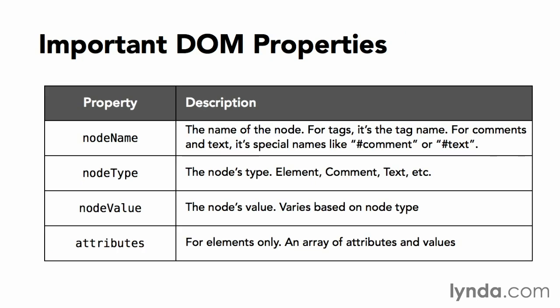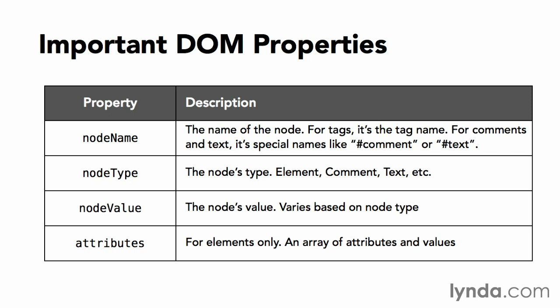All right, let's talk about some important DOM properties that you'll come across when using the functions. The first four provide information about any given node. So for example, the node name property is the name of the node. Now for a tag, it's going to be the tag name. For things like comments and text nodes, it's going to be a special string like #comment or #text. The node type property is the node's type.